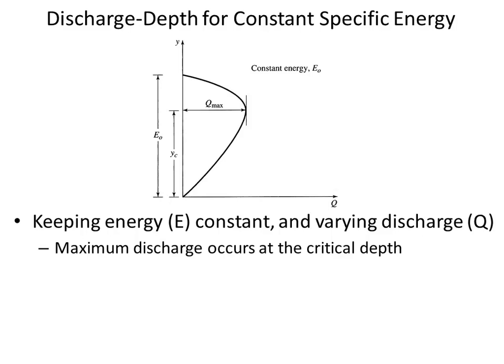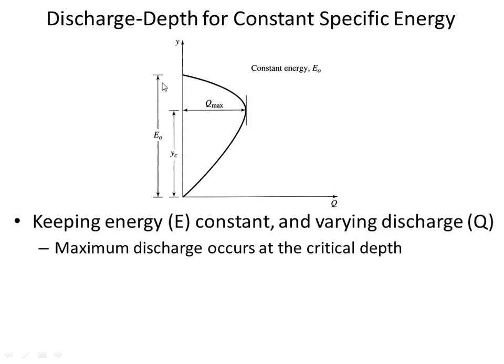What this is illustrating is that you can have some of the specific energy be in the form of depth, and if we're at this point right here, only a certain amount of the specific energy is depth. The rest of it would be kinetic energy. Or here at the top, this would be where almost all of the specific energy is as flow depth and very little is as kinetic energy.